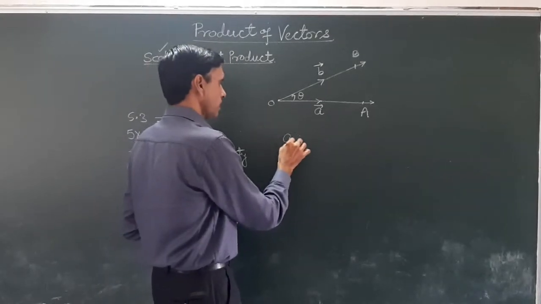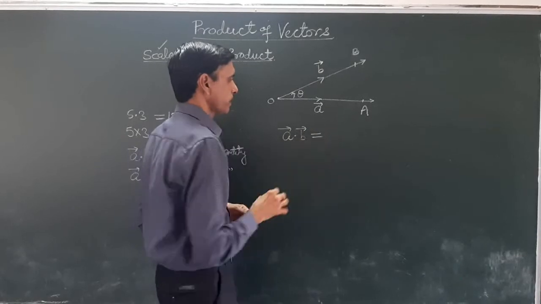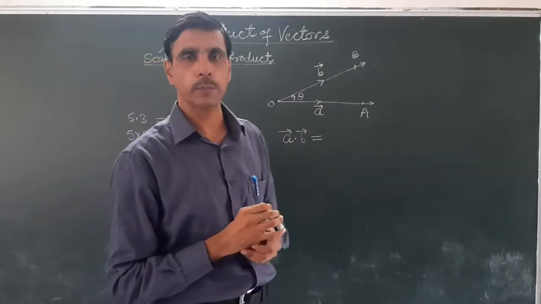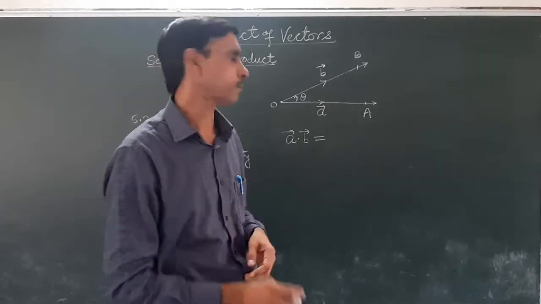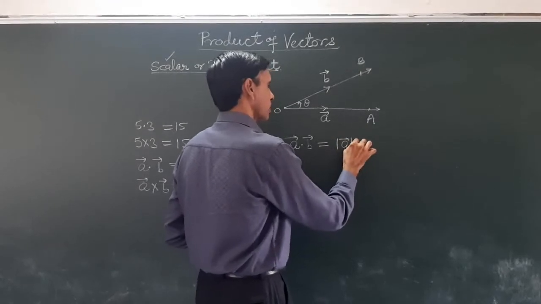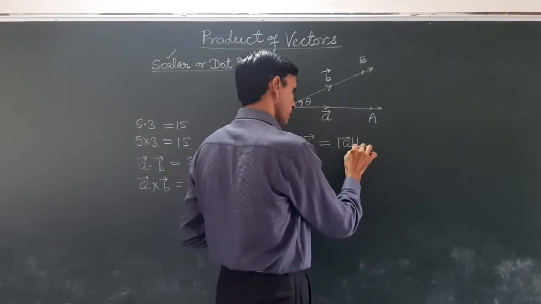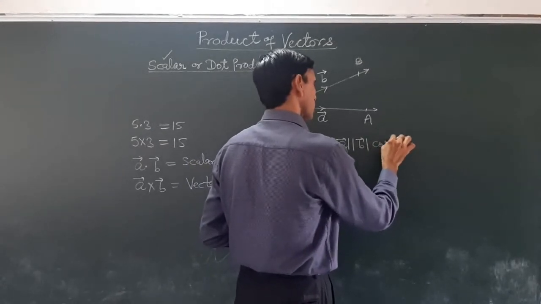Then the scalar product of these two vectors A and B is equal to the product of their magnitudes and cosine of angle between them. That is, A dot B is magnitude A or modulus A, magnitude B and cos theta.